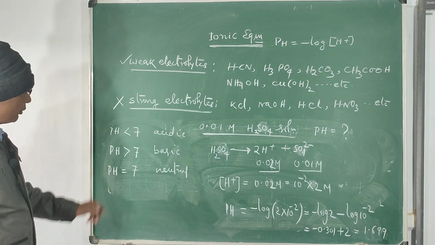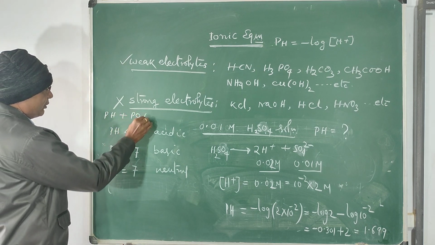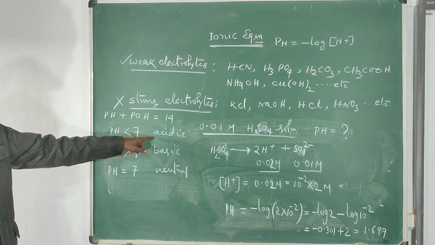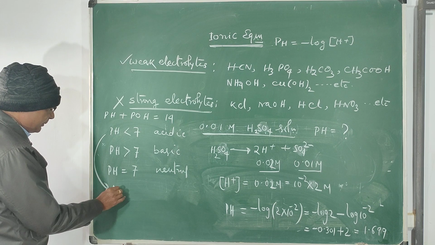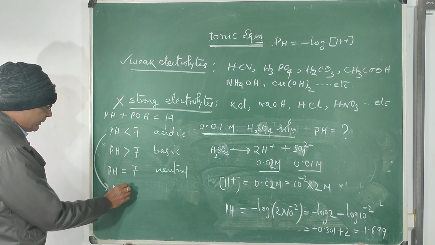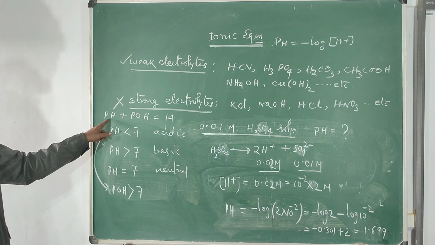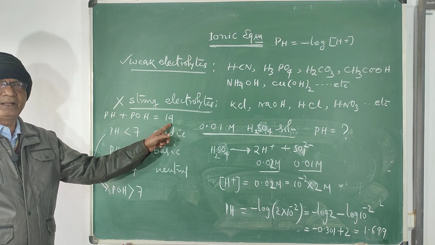So you know that pH plus pOH equals 14 for aqueous medium. So if pH is less than 7, then automatically its pOH will be greater than 7. Suppose pH is 5, then pOH will be 9.